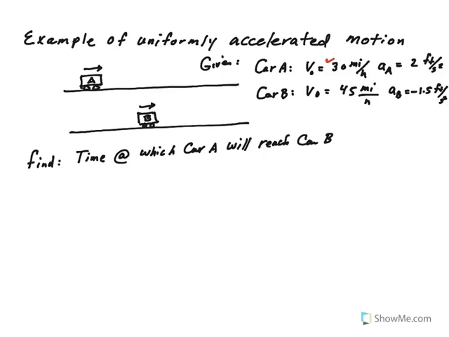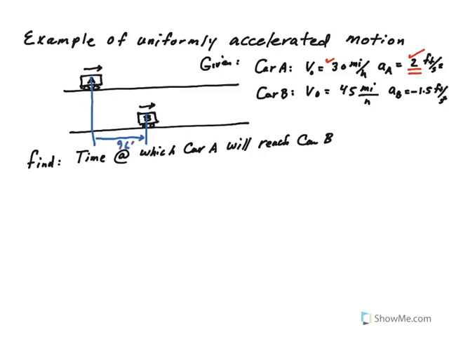And let's say the driver of car A is pressing on the gas pedal and accelerating at the rate of 2 feet per second squared, and this is a constant acceleration. Now, car B is 96 feet ahead of car A, okay?